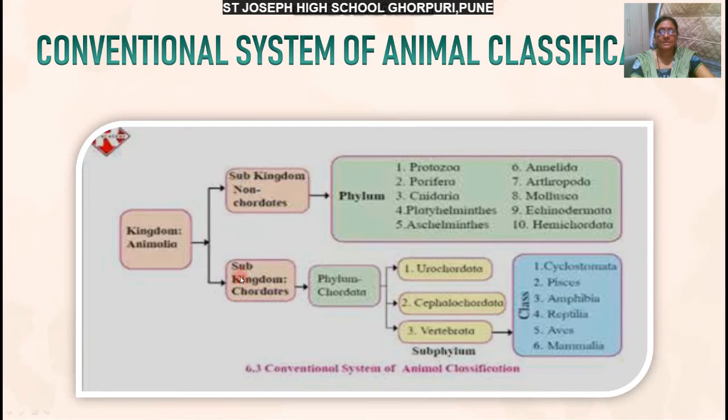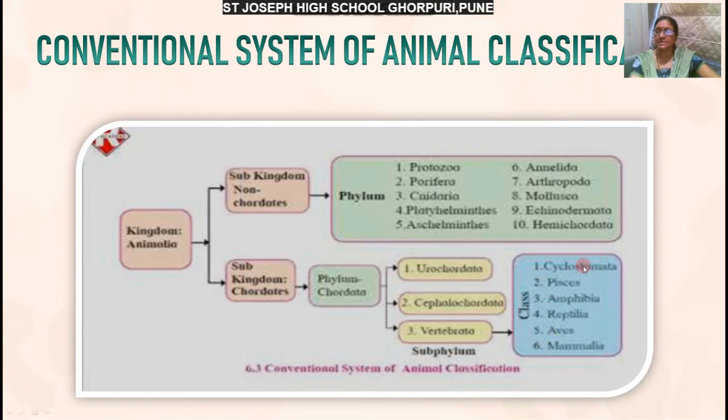Now let us see the division of the subkingdom chordates. Among the chordates, all come under the phylum called Chordata. Further, this phylum is divided into 3 subphyla. They are Urochordata, second Cephalochordata, and third Vertebrata. The third subphylum, Vertebrata, is further divided into 6 classes.